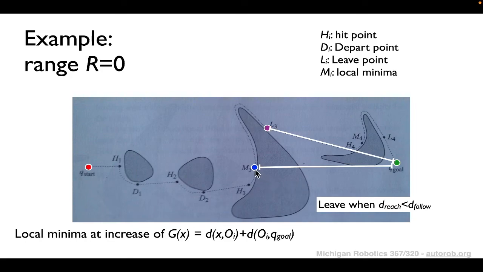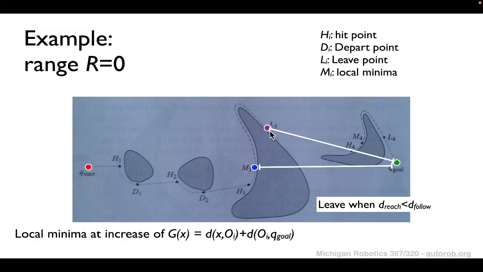The D follow variable is left to be the distance between the goal configuration and the W O sub j, which is left once again as the obstacle extent at which the local minimum was first encountered, whereas the d-reach variable is updated throughout the wall following behavior.